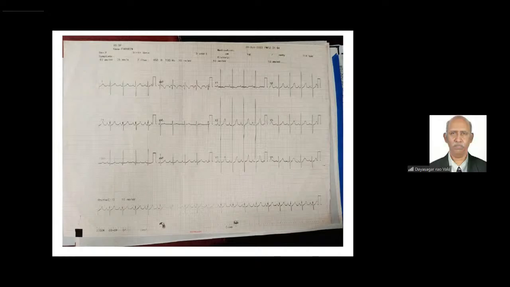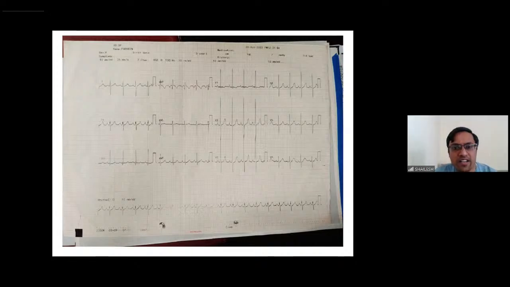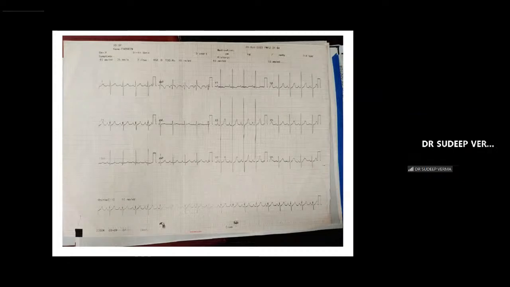Go ahead. Sir, and then there is a right axis deviation, sir, of around plus 120 degrees, with a clockwise loop, sir. And what is the importance of clockwise loop in the QRS? What do you mean by clockwise loop?